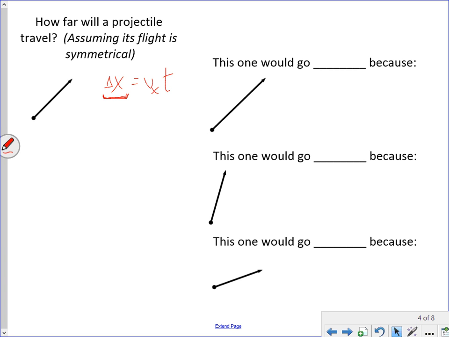It depends on how fast it travels horizontally, but it also depends on how long it spends in the air, and as you know from our discussions 45 seconds ago, the time things spend in the air depends on how fast they're fired vertically. So this expression becomes more complicated.